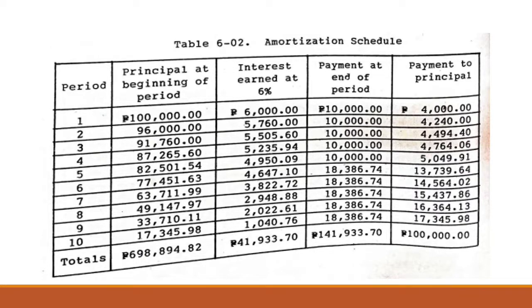So, 100,000 pesos times 6% is 6,000. The amount available for repayment of principal is 10,000, you minus 6,000, and you will get 4,000 for the payment to principal.